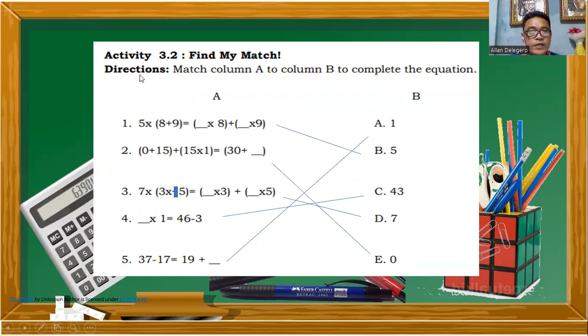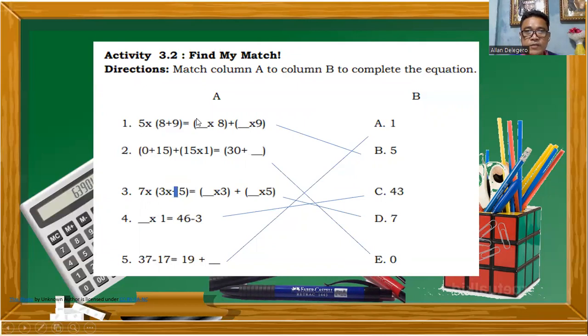So for activity 3, match column A to column B to complete the equation. We have here already the answers. The answers are given. So number 1, the answer is letter B, 5.